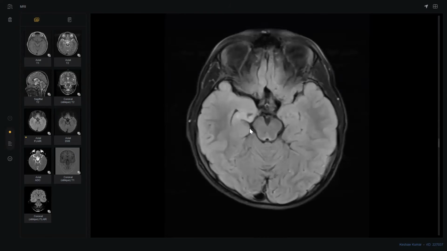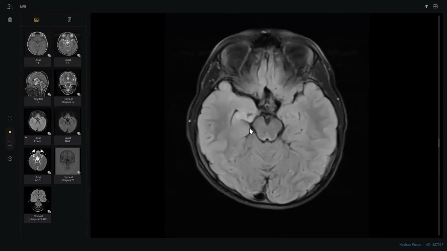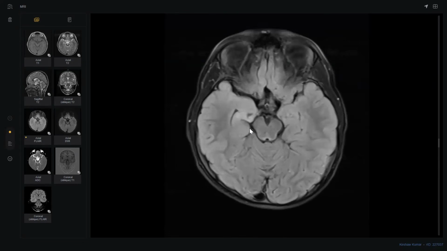There is subtle signal abnormality on the right side with FLAIR hyperintensity, as well as a few areas of abnormal signal on the left side appearing FLAIR hypointense. Since they are FLAIR hypointense, these can be VR spaces, but on the right side these areas are hyperintense. So I'll be concerned for this area.